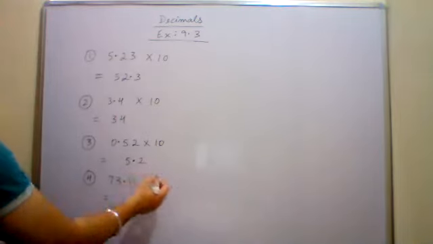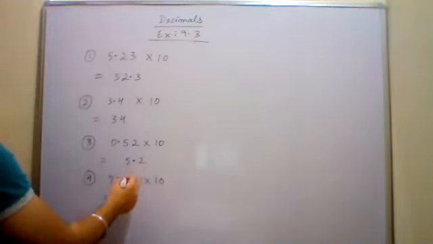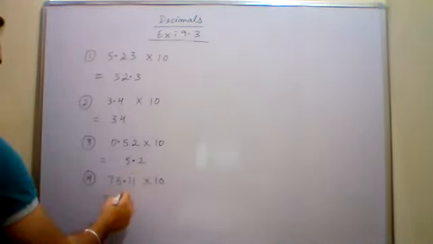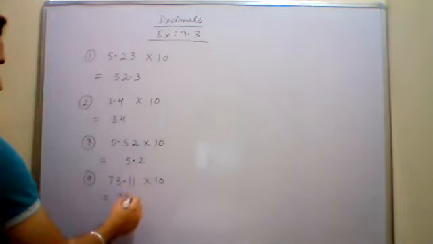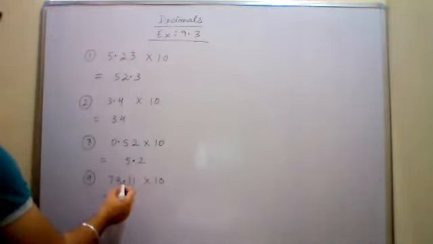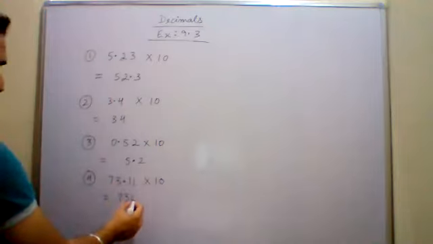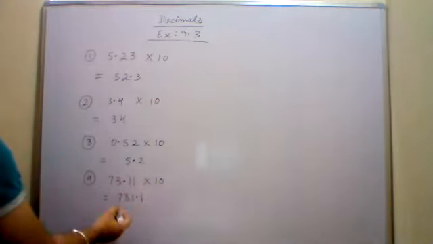Whenever you are multiplying a number by 10, you will move the decimal one place to the right side. So 73, and then you move the decimal one place to the right. So it becomes 731.1. Answer is 731.1.